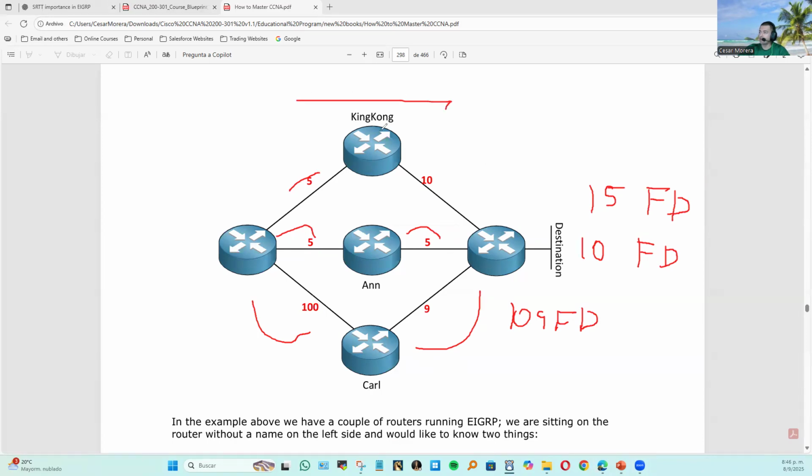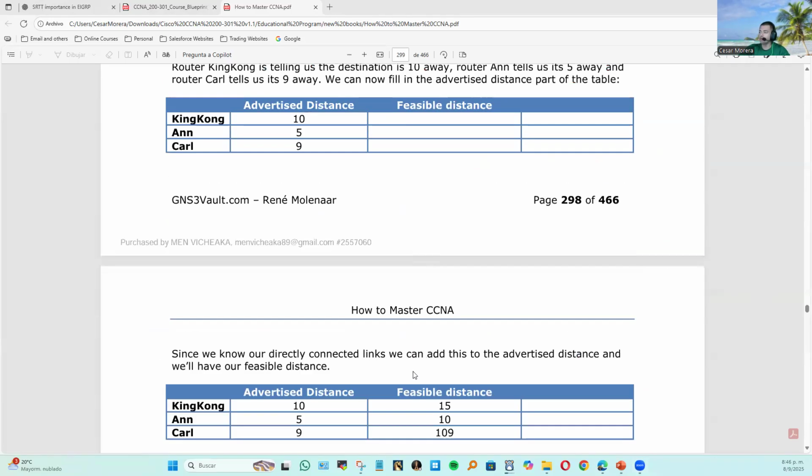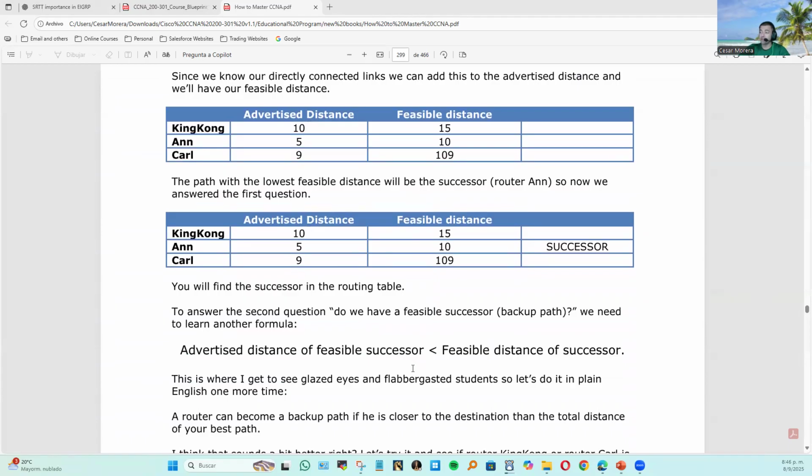So we have the path for King Kong, the path for Ann, and the path for Carl. That's basically what we're doing, just this sum for each route. Let's clear the drawings and continue.